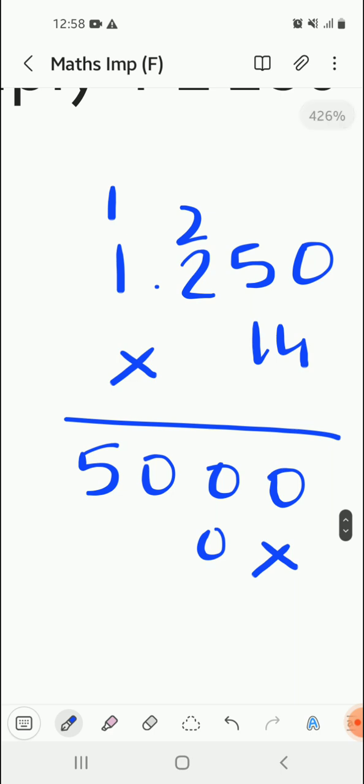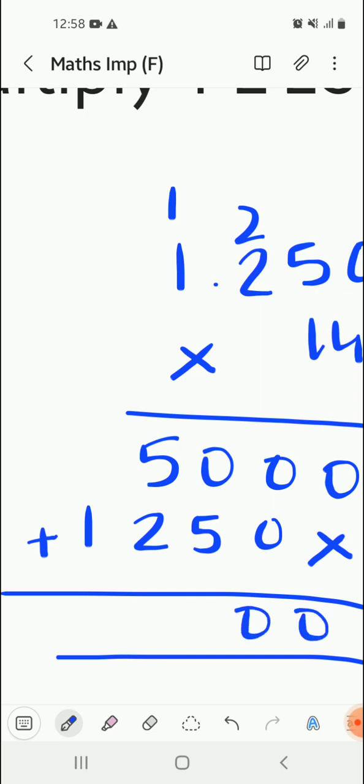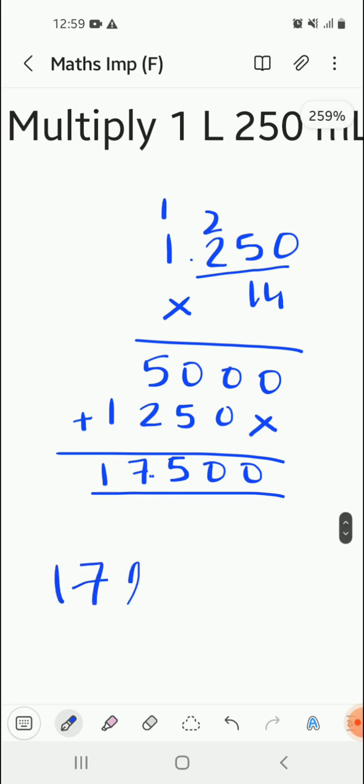Cross 0. 5 1s are 5. 2 1s are 2. 1 1s are 1. Plus we get 0 0 5. 5 plus 2, 7 and 1. These are 3 decimal places, so insert the decimal point here. So my answer becomes 17 liter 500 ml.